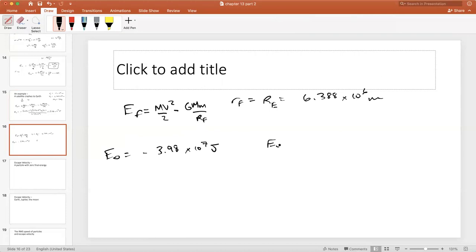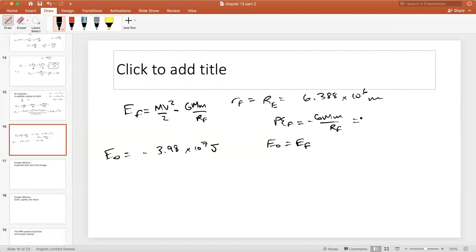And because E initial is equal to E final, let's actually find this number first. Potential energy final is minus GMm over R final, which is equal to 6.673 times 5.97 times 2, divided by 6.388.